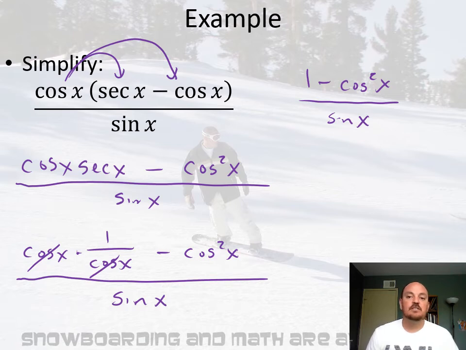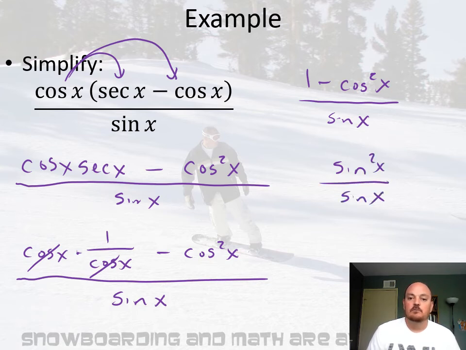Now the other thing I noticed in this question, as soon as I multiplied the cosine x times cosine x and got cosine squared x, every time you see one of your trig functions squared, you should immediately think of the Pythagorean identities. That's when you can use them. And in fact, if you remember from part 1, 1 minus cosine squared x just equals sine squared x.